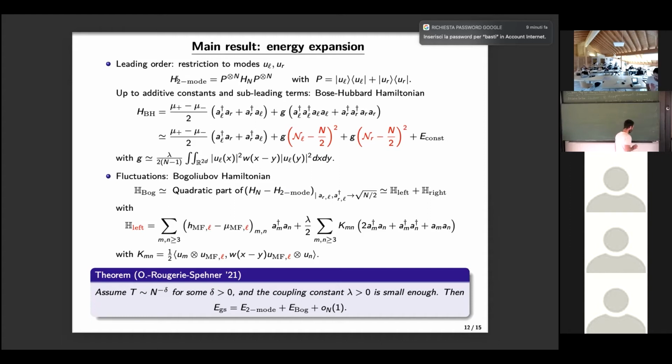Okay, it does not have a particularly nice expression because it's an ugly combination of terms with creation and annihilation operators. But after some cleaning of constant and subleading terms, it looks like the Bose-Hubbard Hamiltonian, which you can read in either line. So this is a very well-known model in which you have a hopping term, right? A particle gets destroyed on one mode and hops onto the other with a coupling constant, which is T, roughly.